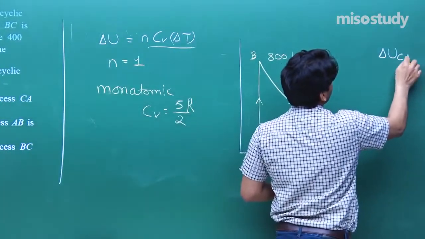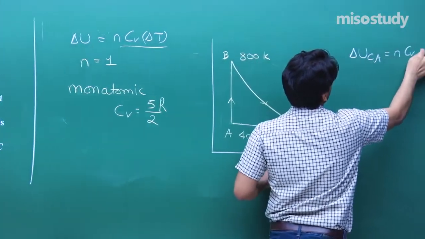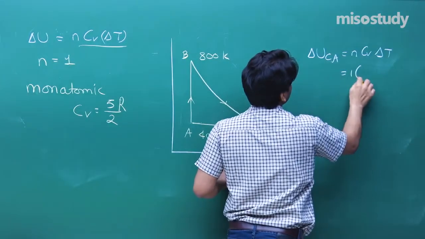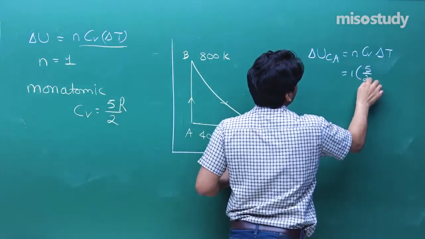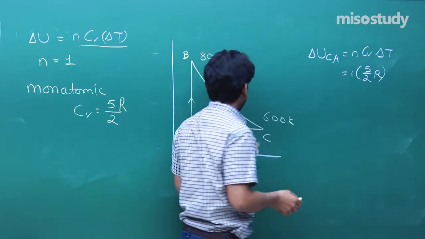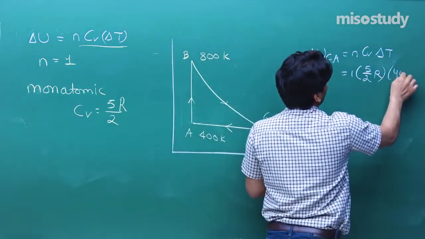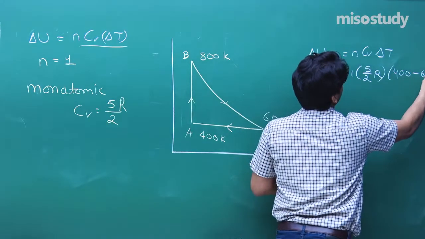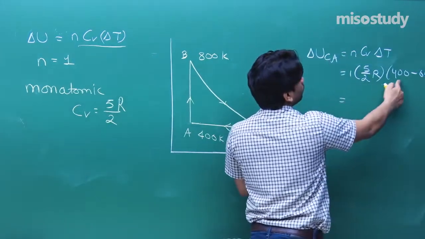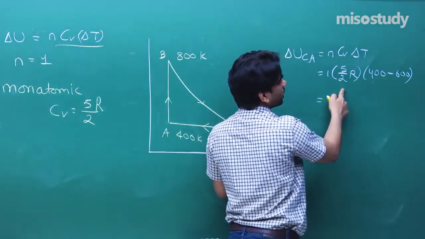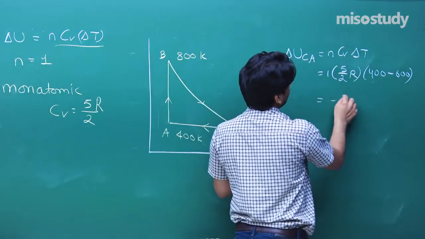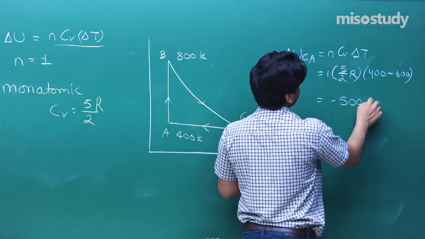Delta U for C to A is nCv delta T, n is 1, Cv is 5/2 R, and delta T will be 400 minus 600. That gives minus 200 by 2, so minus 100, so minus 500 R.